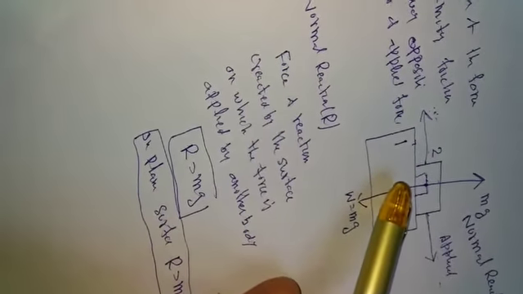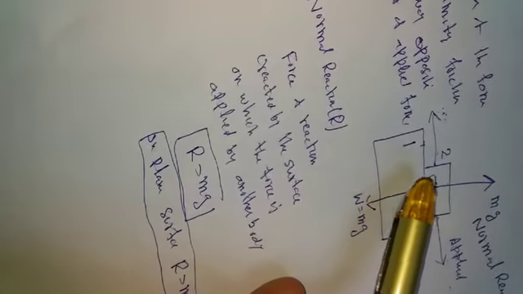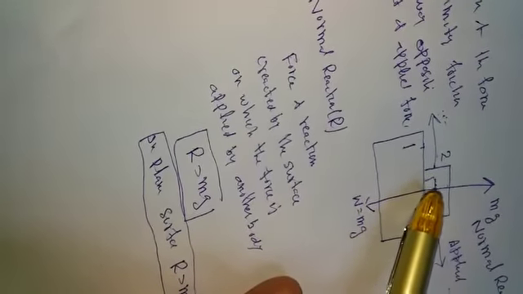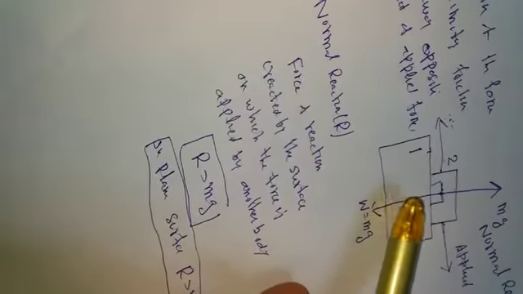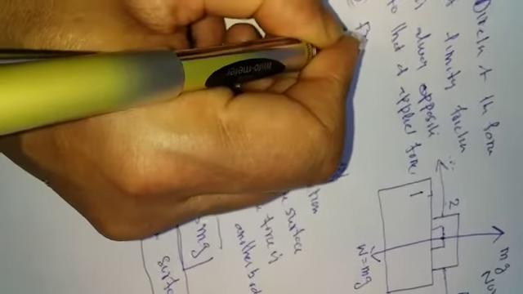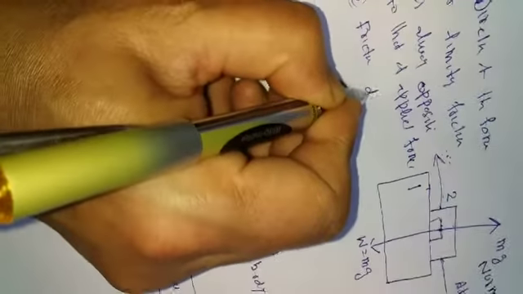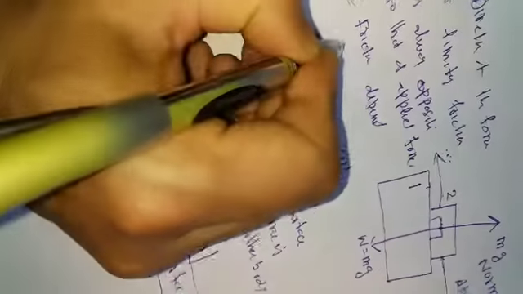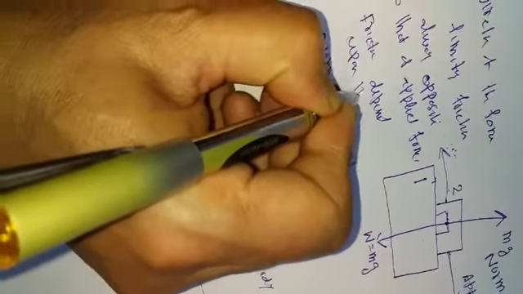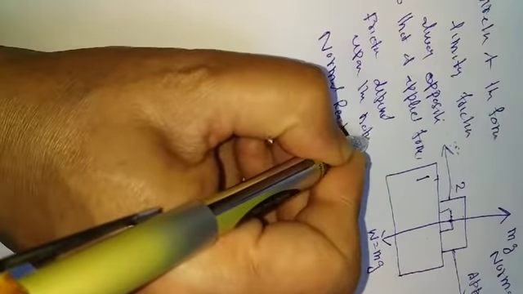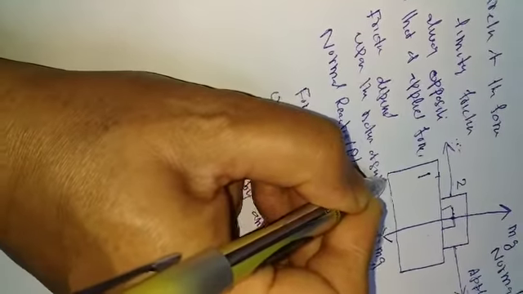That means it depends upon the nature of the surface. This is common sense: friction depends upon the nature of the material or roughness. This is the second law. Friction depends upon the nature of the surface.